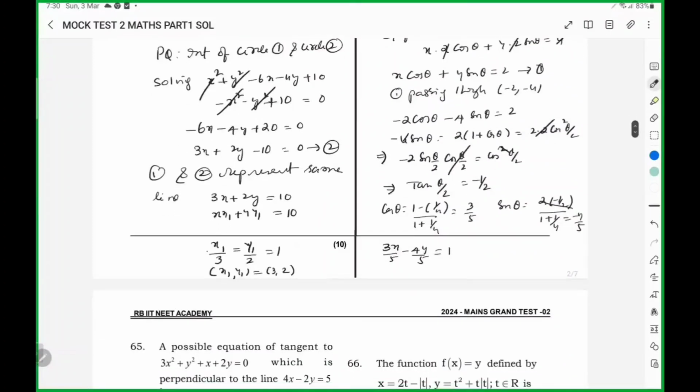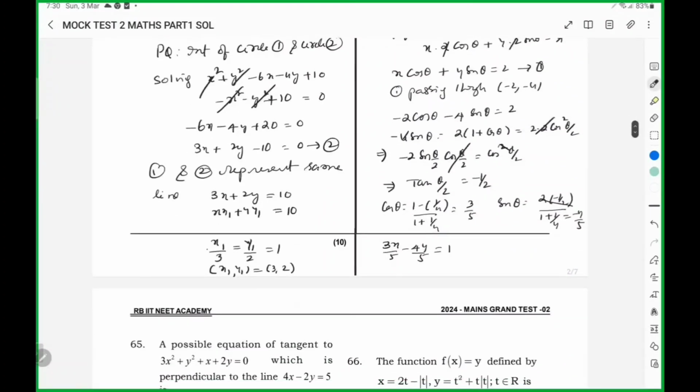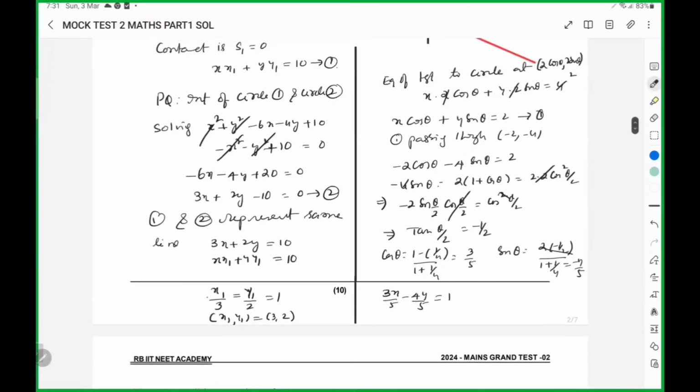So this is where it is x cos theta plus y sin theta is 2. That is 3x minus 4y is 10.